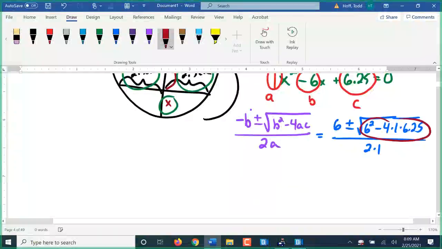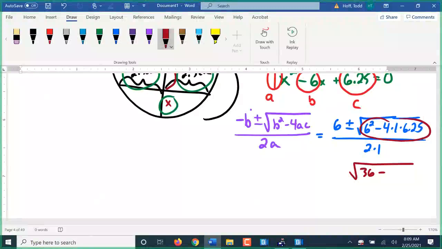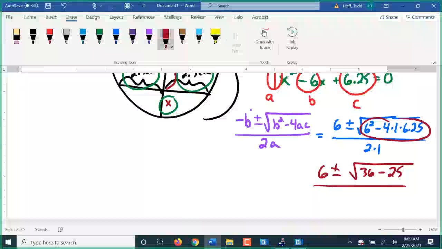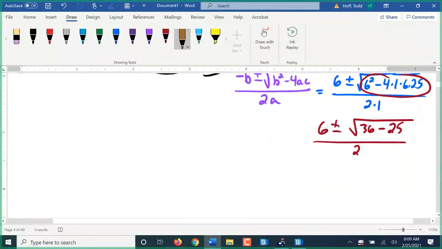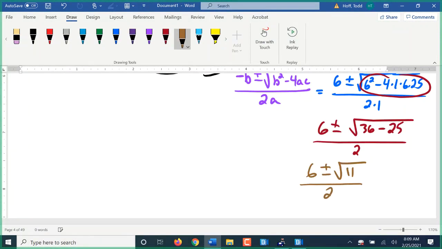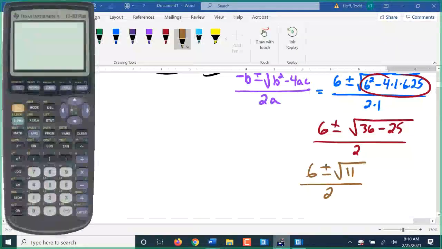Well, in here, 6 squared is 36. 4 times 1 is 4. 4 times 6.25 is 25. Bottom, 2 times 1 is 2. 36 minus 25 is 11. So that's 6 plus or minus the square root of 11, over 2.